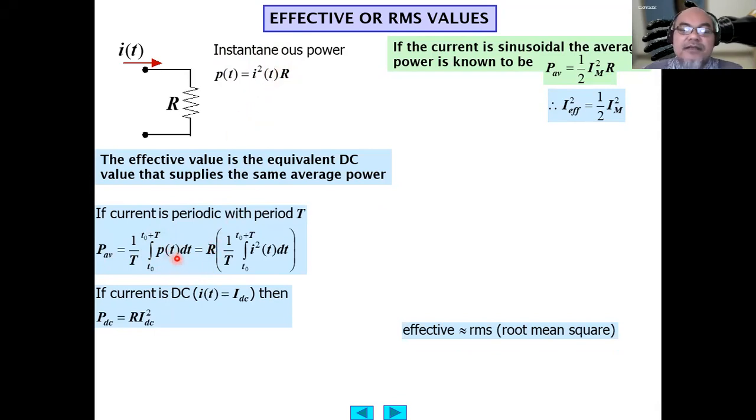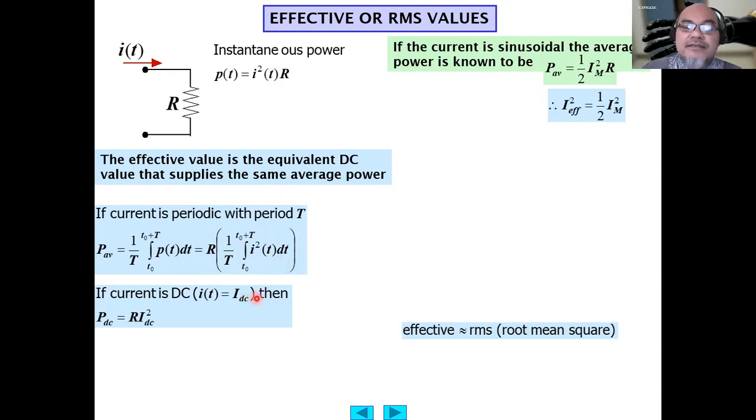So p(t) equals i squared(t) R. Then i squared(t) is still a function of time, so it is still within the integral, while the R parameter, since it is constant, we can take it out from the integral, so it becomes R over T integral from T0 until T0 plus T of i squared(t) dt.